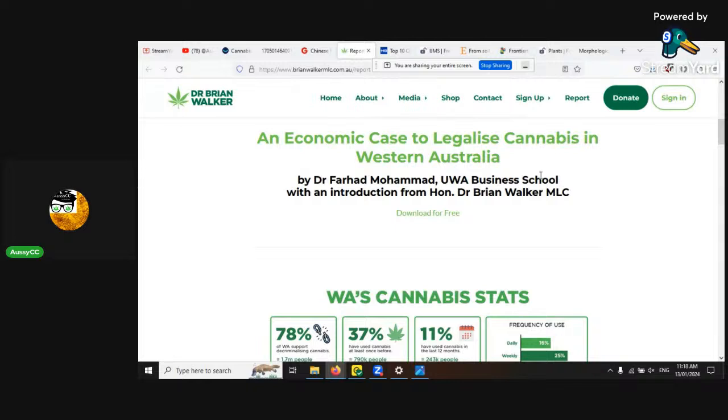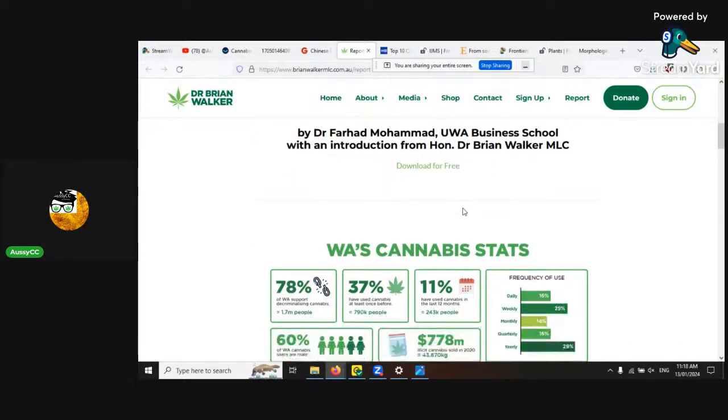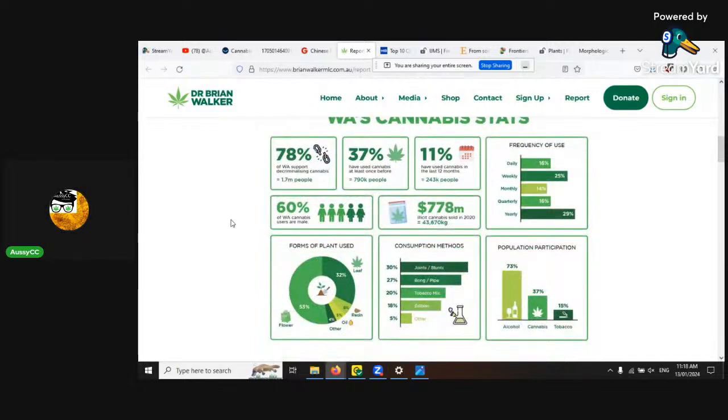Next. Oh, here's the Western Australian thing. This is some of the latest information from Western Australia. So here are some stats on medical cannabis over there. Oh, and just all cannabis actually. So here it is. 78% of WA support decriminalising it.